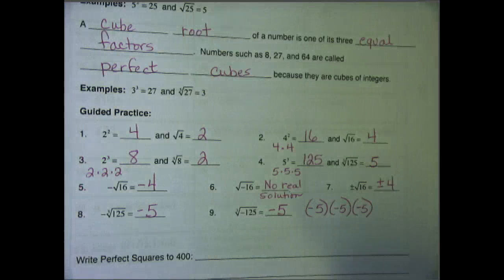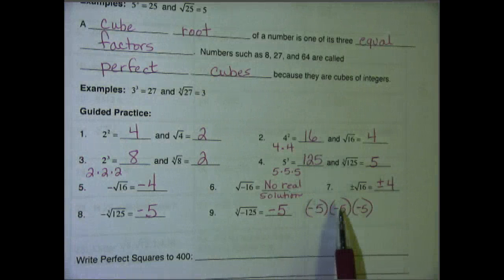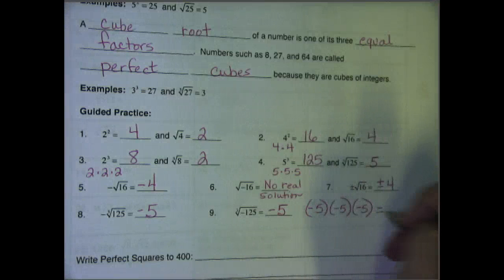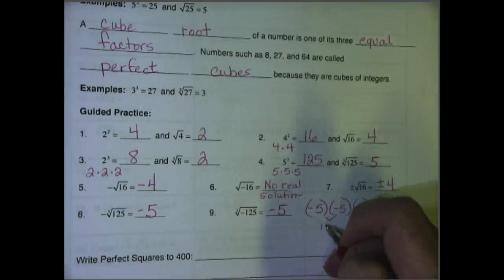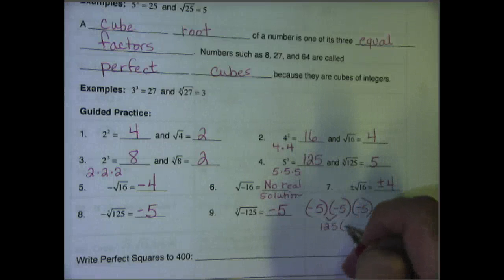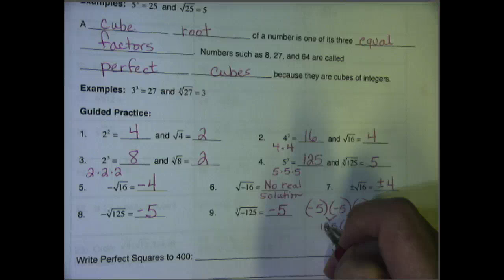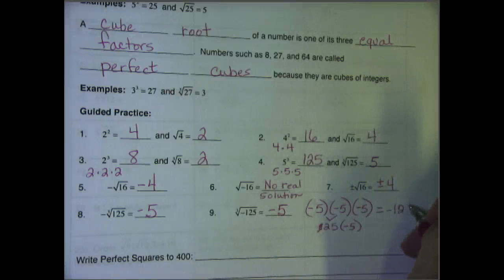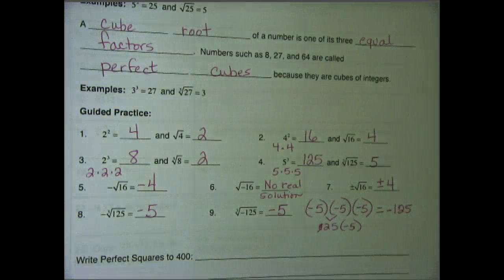We just talked about in the previous lesson that if you have an odd number of negatives, in this case we have 3, that's odd, then our answer is going to be negative. Negative 5 times negative 5 is 25, times negative 5 is negative 125. So it is possible to take the cube root of a negative number.